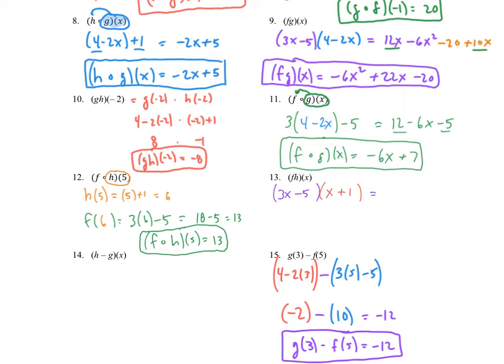So 3x times x is 3x squared. 3x times 1 is 3x. Negative 5 times x, negative 5x, and negative 5 times 1, negative 5. Combine those like terms. So f times h of x equals 3x squared. That gives me negative 2x's minus 5.